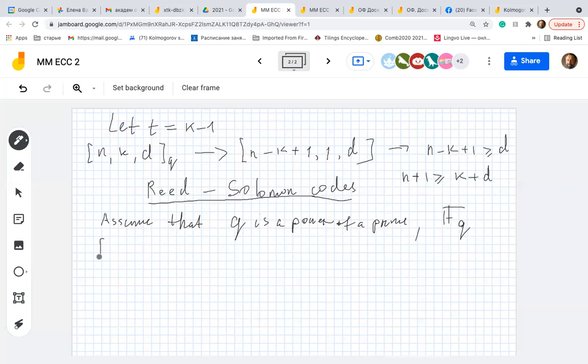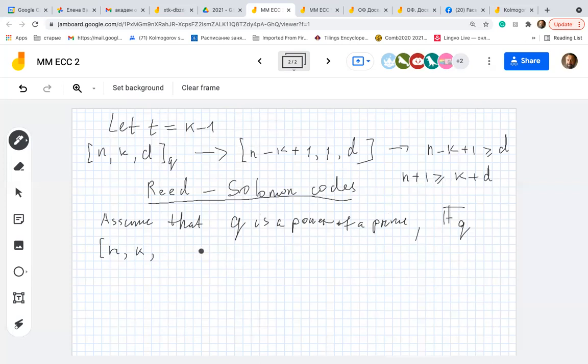And the parameters of Reed-Solomon codes will be n, k, and the distance will be exactly as required by the Singleton bound.